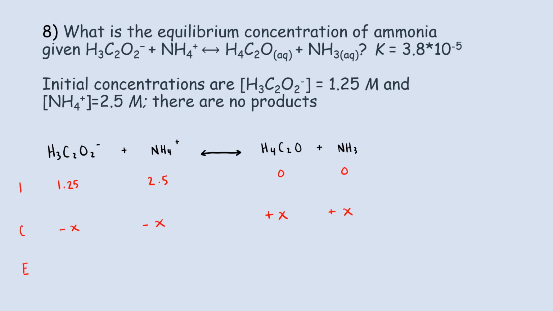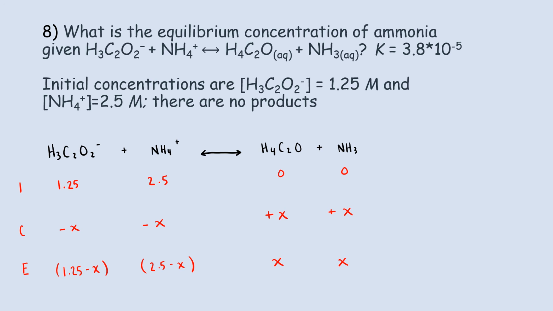So now we're just going to combine the initial concentration and the change for our equilibrium expression. So 1.25 minus X. For ammonium, it'll be 2.5 minus X. And it's just going to be X for these products.